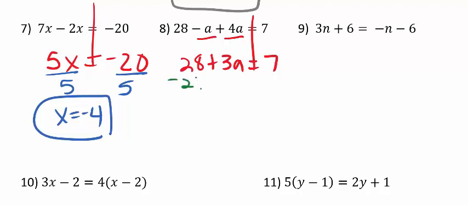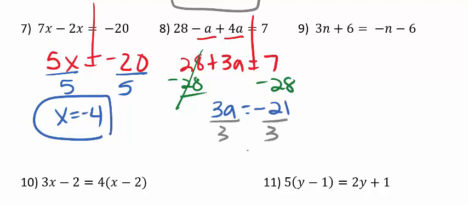I can subtract 28 from both sides. That makes that go away, and I get 3a is equal to, and then 7 minus 28 is going to be a negative 21. And then I can divide both sides by 3. So a is going to be negative 7.